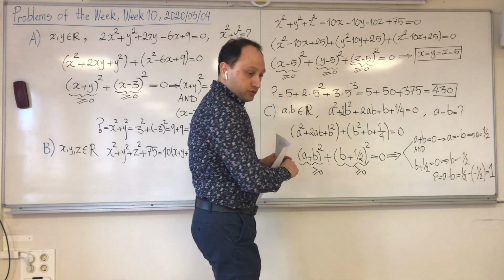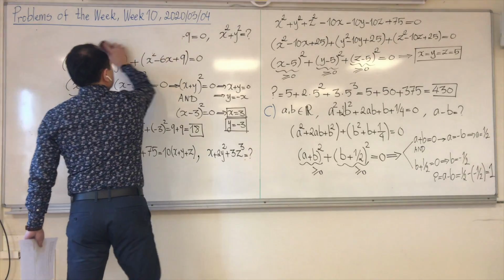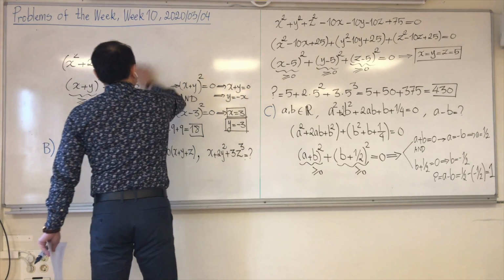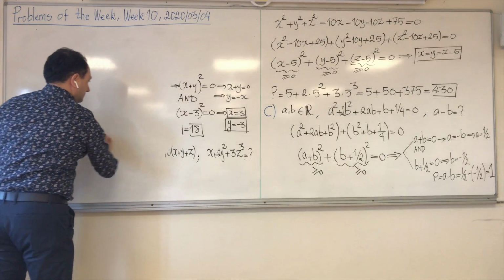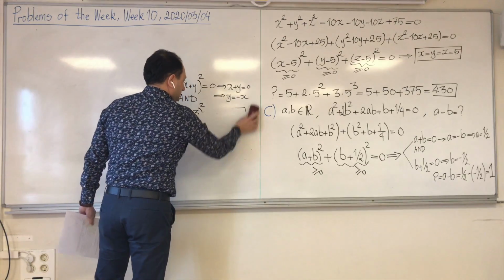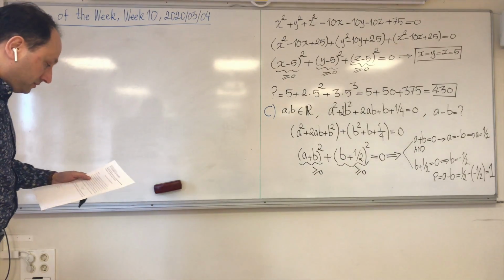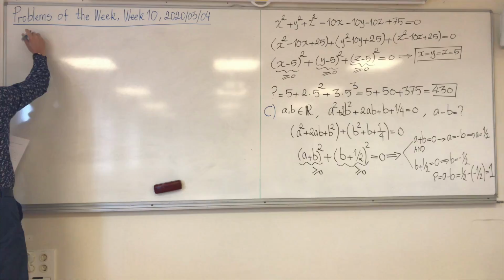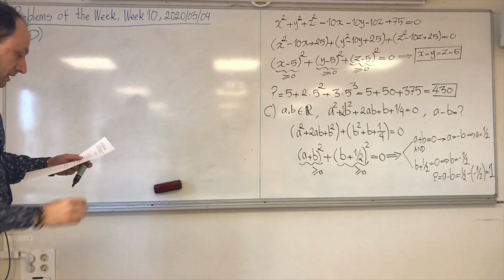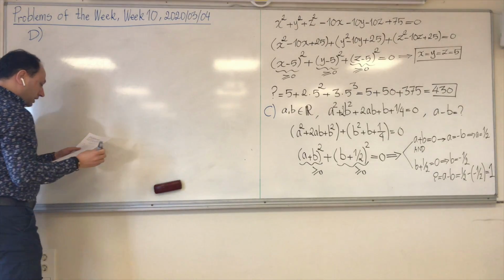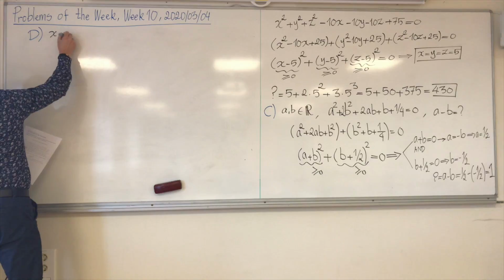Okay, let us go to the next problem. So problem D. So what I have is, again, x, y, and z are real numbers, and my question mark is actually all of them.